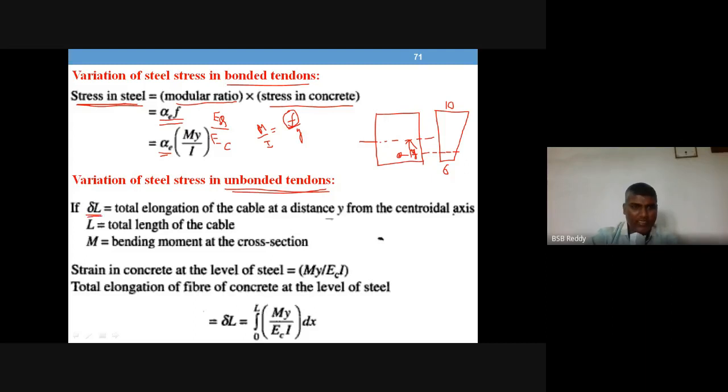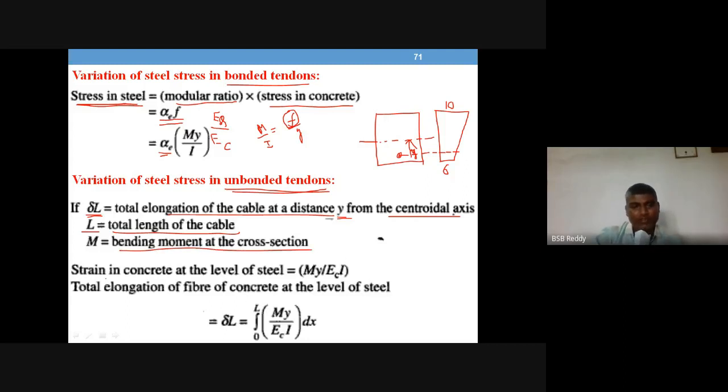Taking delta L as the total elongation of the cable at a distance y from the centroidal axis, total elongation of the cable wherever it is at a distance of y. The total length of the cable is taken as L, and M is the bending moment at that section.